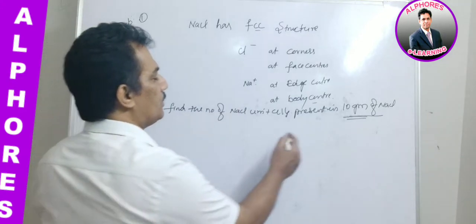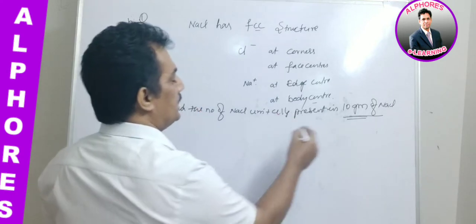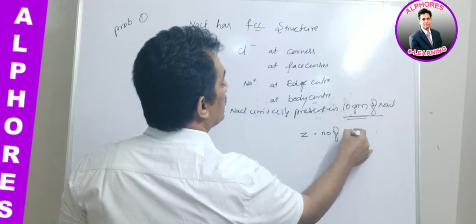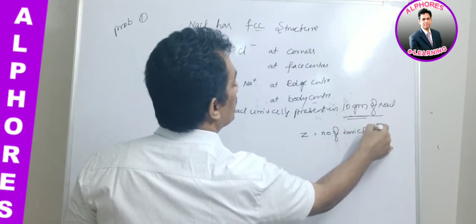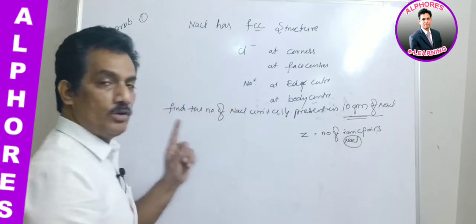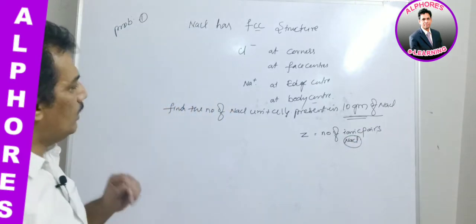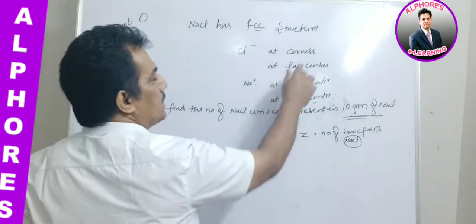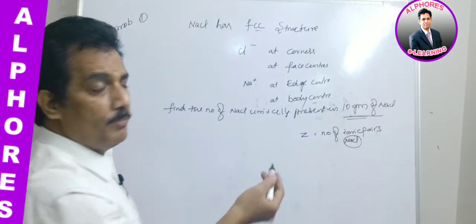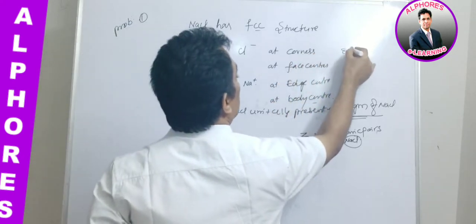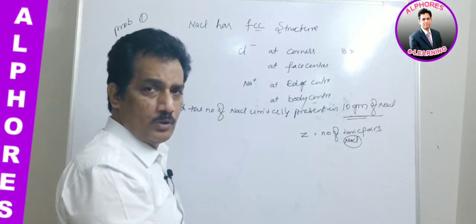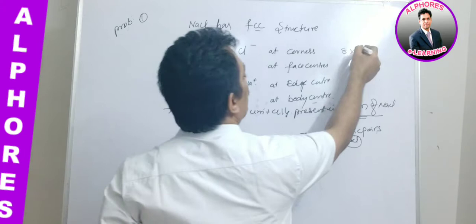Now first let us go for the NaCl unit cell mass. For that purpose, first of all we should know Z. Z is nothing but the number of ionic pairs. Here, the ionic pairs are nothing but the NaCl pairs present per unit cell, which we have to measure. Let us start. How many corners for a cube? It is 8 corners, and each corner contribution we know from the previous session is 1 by 8.